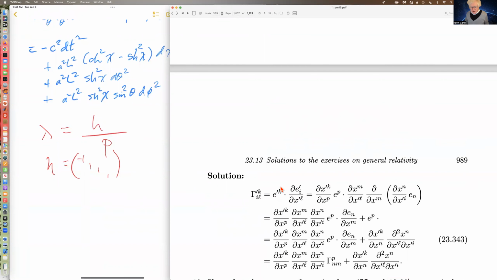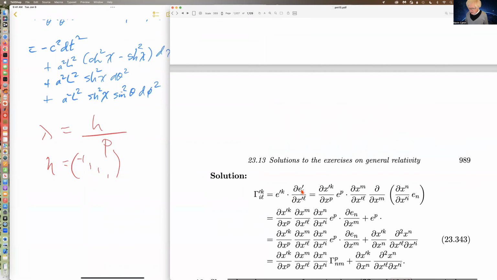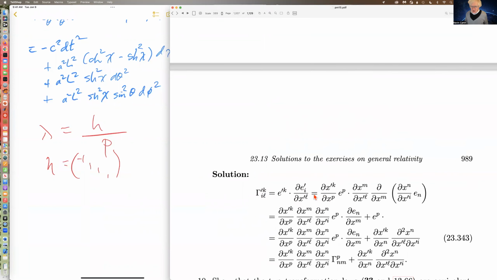So we have E_k prime is equal to this, but now we're taking this derivative of a tangent vector.